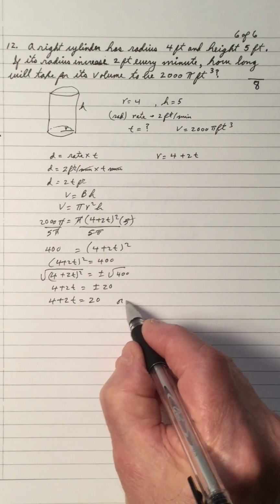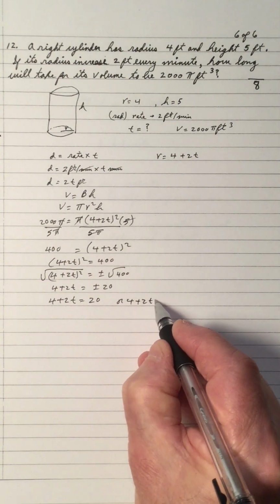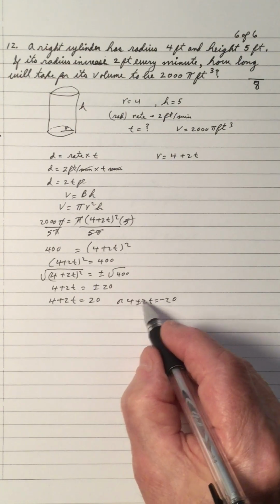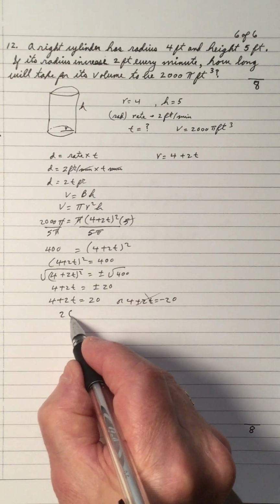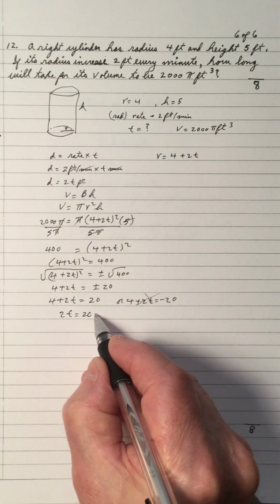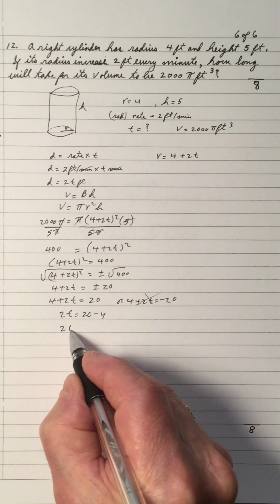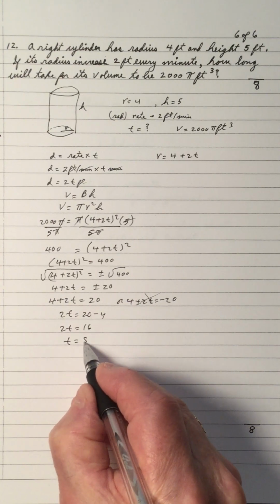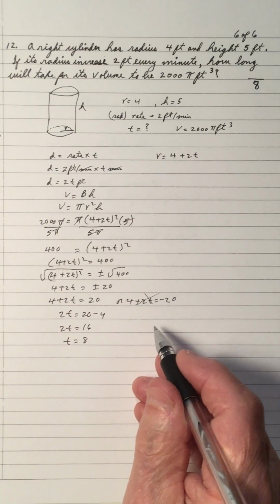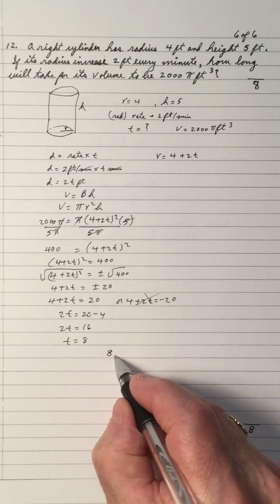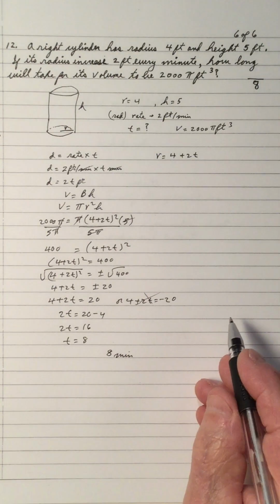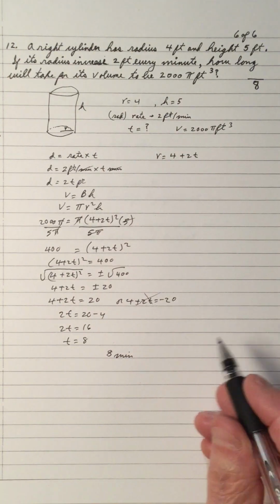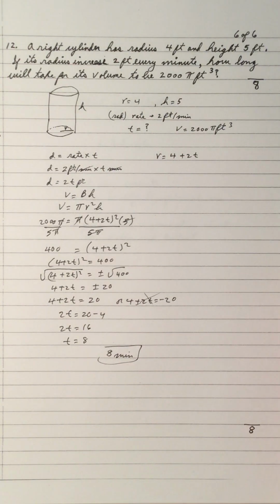We could say 4 plus 2t equals negative 20, but that will give us a negative time, so that one won't work. So 2t equals 20 minus 4. 2t is 16. So divide by 2, I get 8. So the answer is 8 minutes. It will have a volume of 2,000 pi. So the answer is 8 minutes.